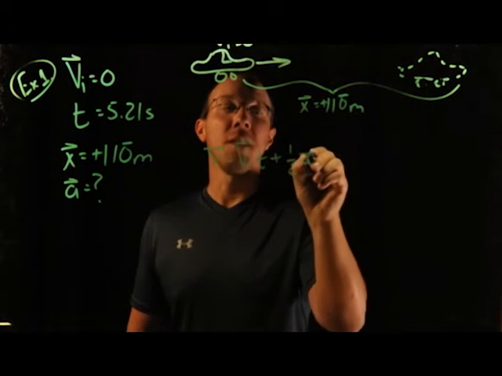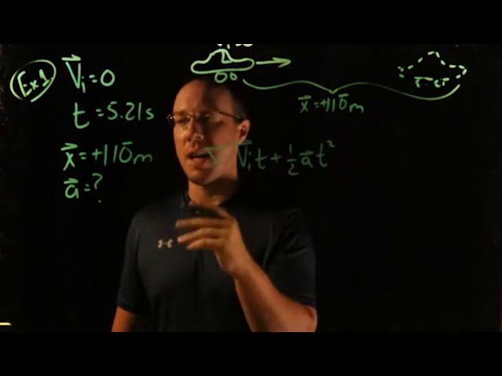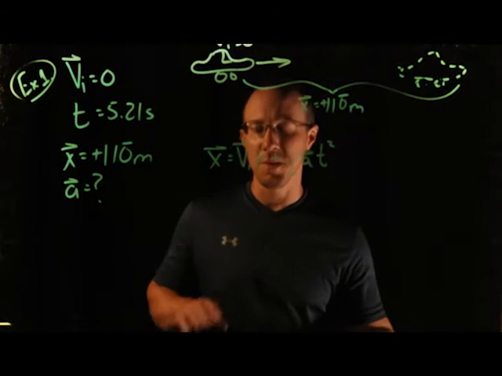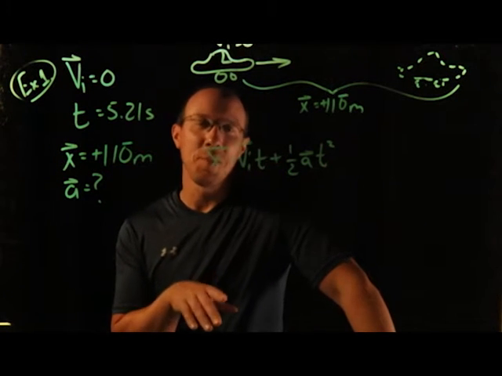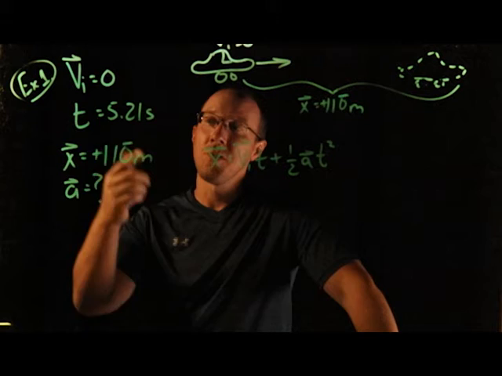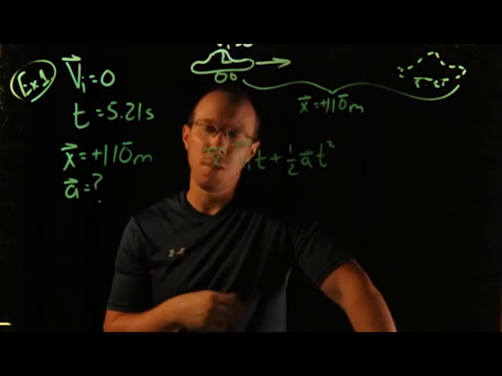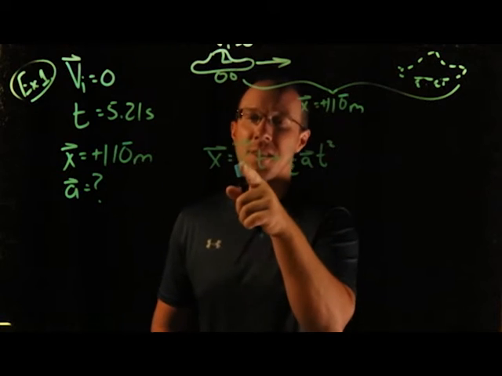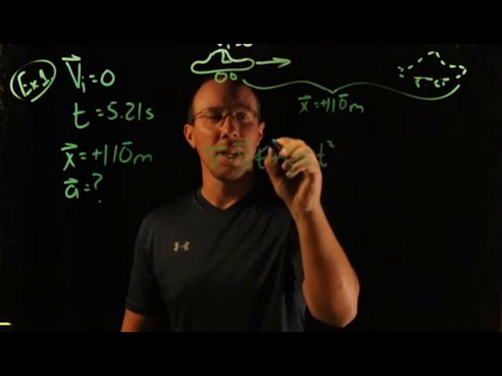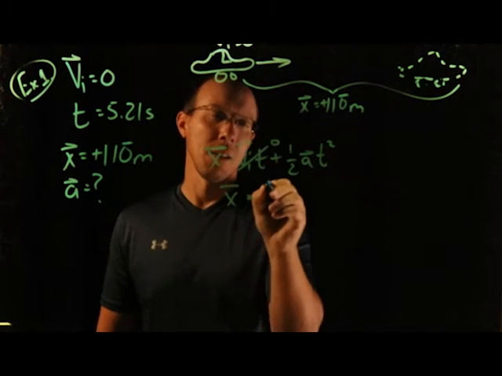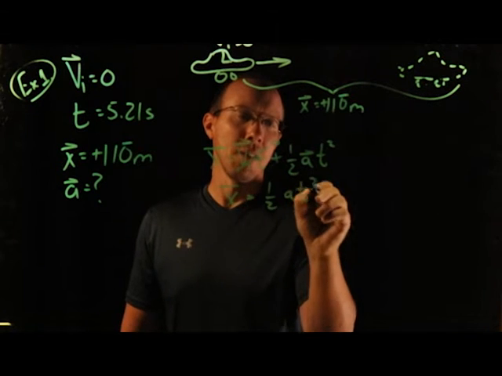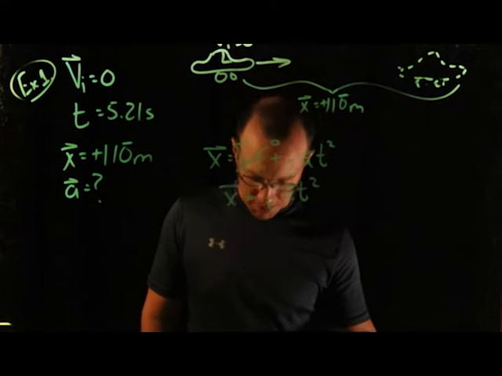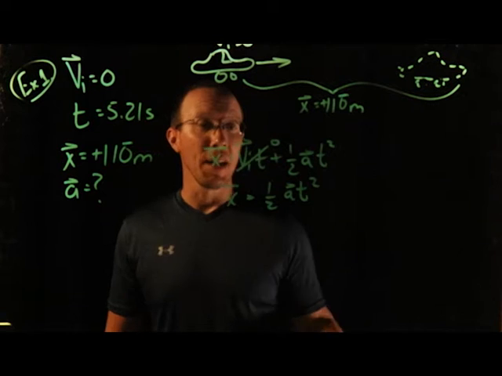We cannot use the other two because they do have v_f in them. So you notice over here, we're not looking for it and we don't have it, we can't use it. The initial velocity is 0. 0 times t is just 0. This is a step that I normally would not do. And then we're solving for a.